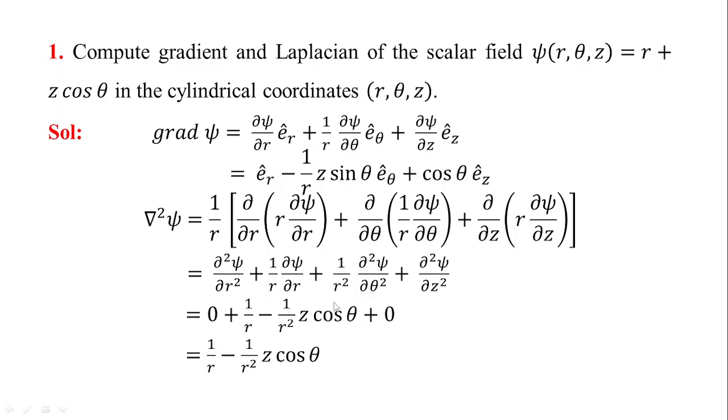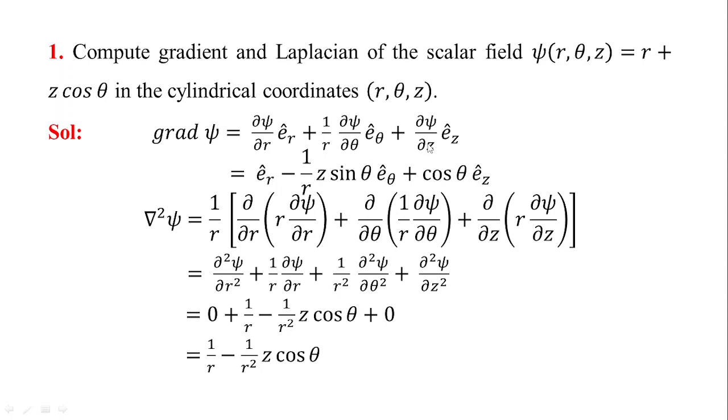Let us take problems. Compute the gradient and Laplacian of the scalar field psi of r, theta, z is equal to r plus z cos theta in the cylindrical polar coordinate system r, theta, z. We know that the gradient of the scalar field psi can be calculated by this formula.